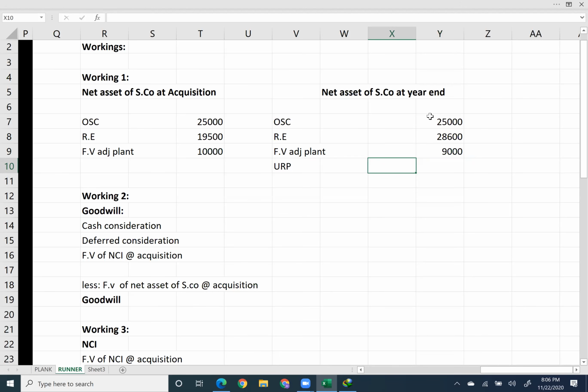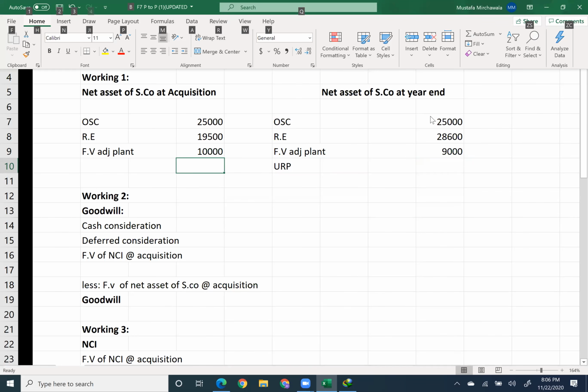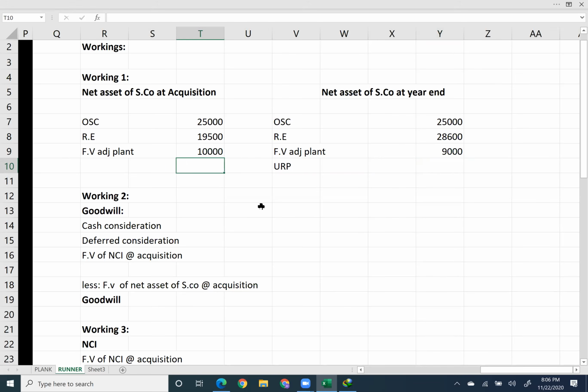Now, I don't think we have to do anything more with the acquisition date. Acquisition date packet is ready, it is 54,500. Yes, at the reporting date packet we need to adjust URP, and that adjustment is left.